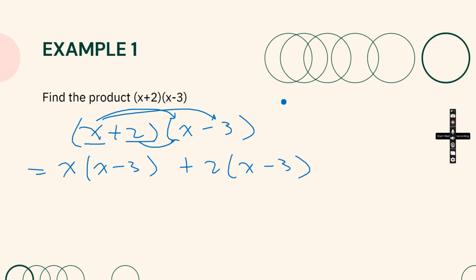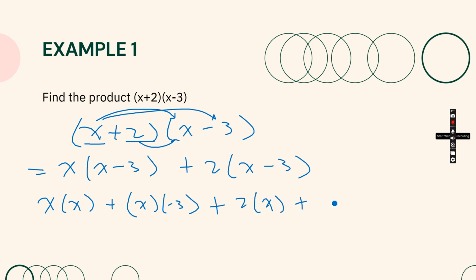From there, we'll go ahead and distribute one more time, so it looks something like x times x plus x times negative 3 plus 2 times x plus 2 times negative 3.